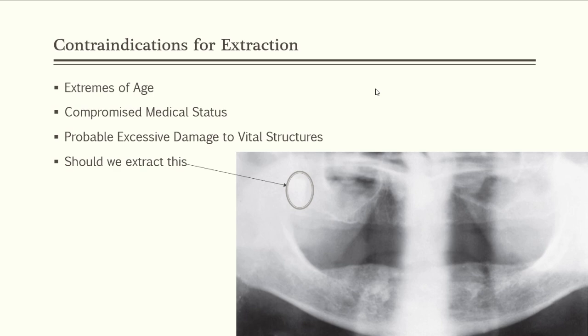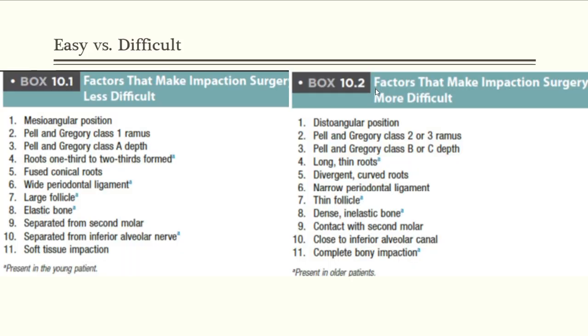Now let's talk about easy versus difficult extraction. When can I look at an x-ray and say this tooth is difficult or easy? Less difficult: mesioangular impaction, class 1A Pell and Gregory, 1/3 to 2/3 root formation, soft tissue impaction, partial bony impaction, young patient, because we will have very soft bone that we can remove easily, wide periodontal ligament space, far from the second molar, far from the inferior border, inferior alveolar nerve, fused conical roots.